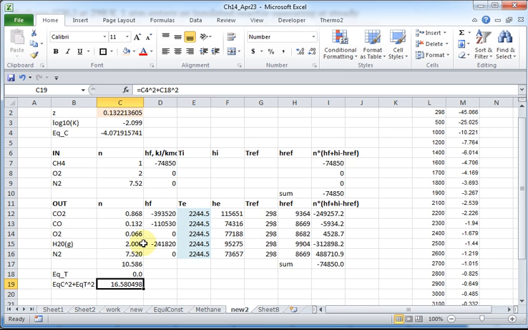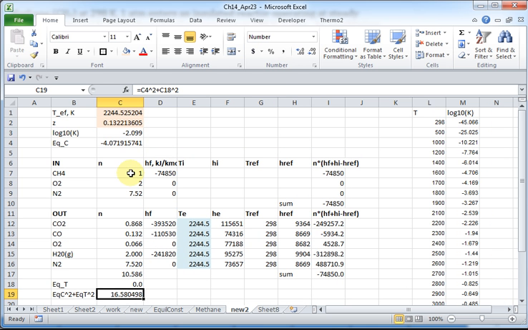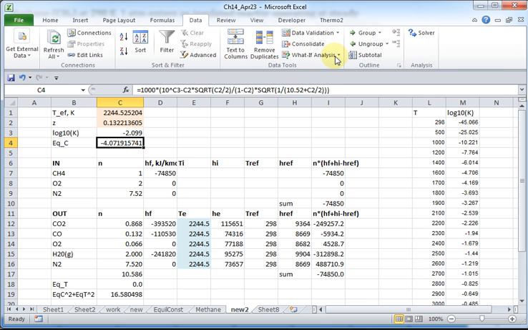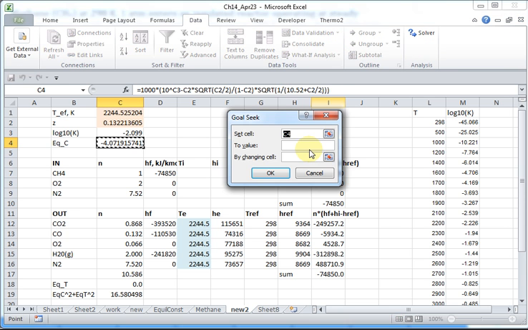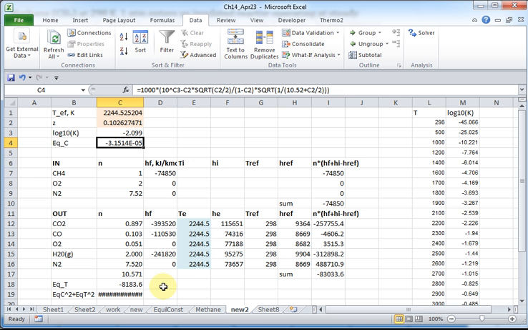All right. And you can see that if I drive this one to 0 with what if, goal seek, setting the value to 0 by changing Z, it upsets the energy balance, and then this number is no longer close to 0.